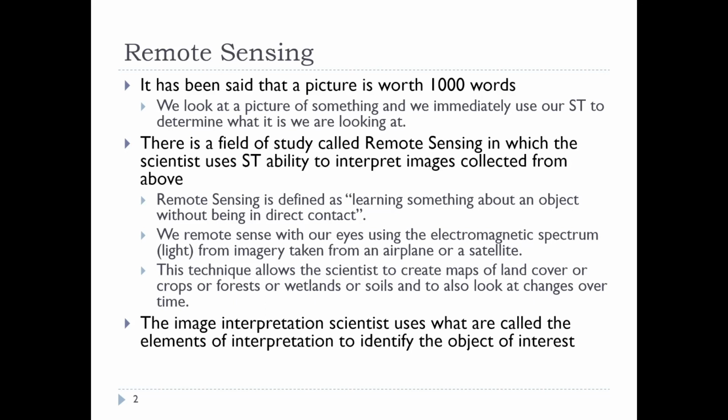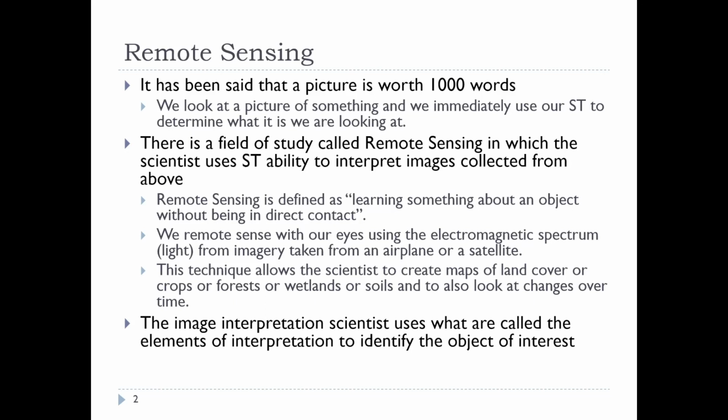But all those are ways of remotely sensing. Okay. And what I do, we use our eyes. We use the electromagnetic spectrum or light to collect imagery from, as I said, airplanes and satellites, and then we deduce the significance of it. We learn something about an object from that.